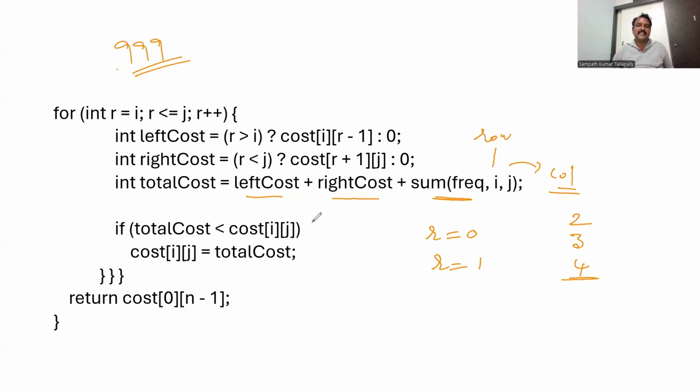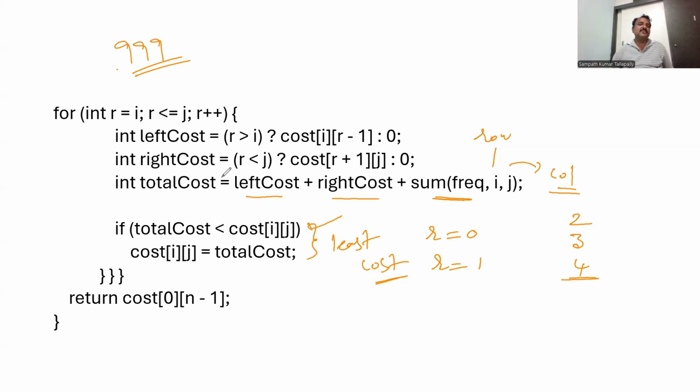By this statement, we are going to calculate the least cost, that is, the minimum value in that formula. The minimum value is found by this conditional statement.